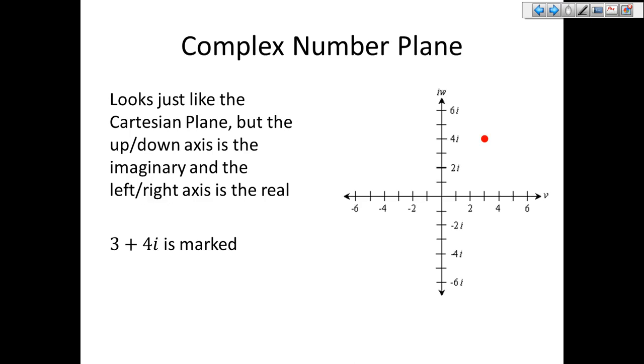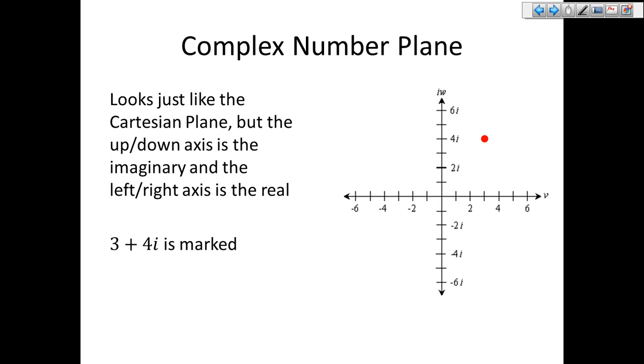Now, the complex number plane looks a lot like the Cartesian plane, the xy plane, but instead of an up and down vertical y-axis, that's our imaginary numbers. So you'll notice all of that axis is labeled with i numbers, imaginary numbers. The horizontal axis is no longer our x-axis, that's our real number line.